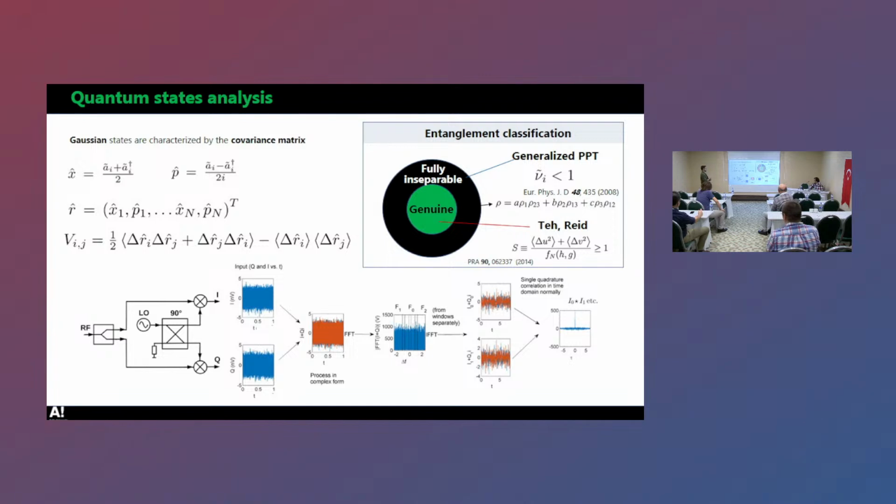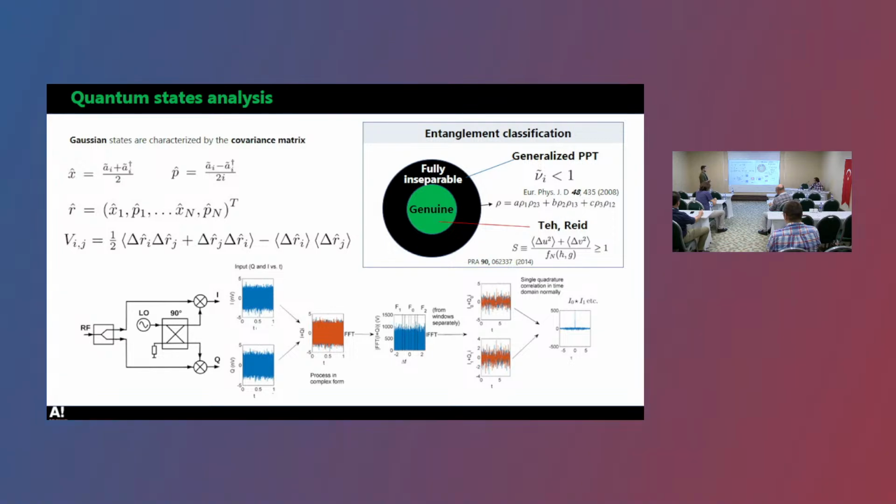And basically what we do here is that we perform a certain necessary calibration. Then we define corresponding quadratures. And once we define the quadratures, we can compute the variances and covariances and create the correlation matrix. And that correlation matrix is full enough to characterize the quantum state.